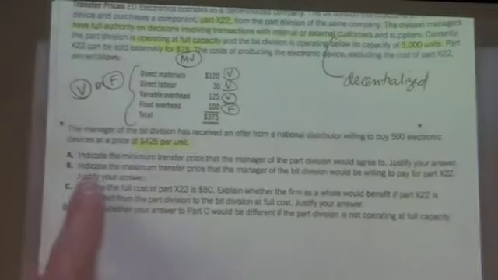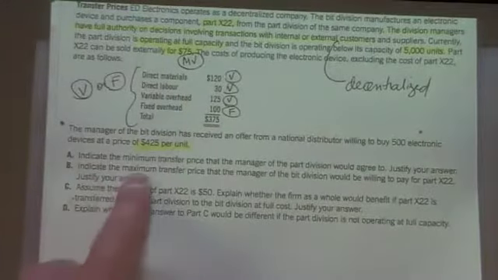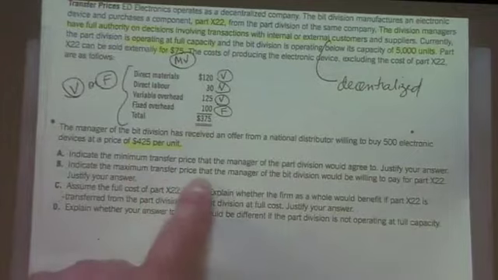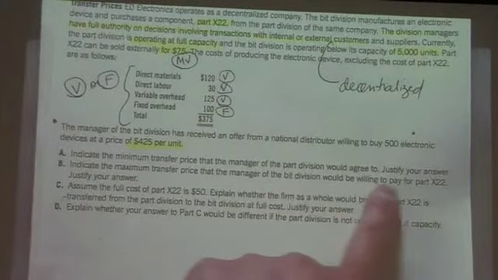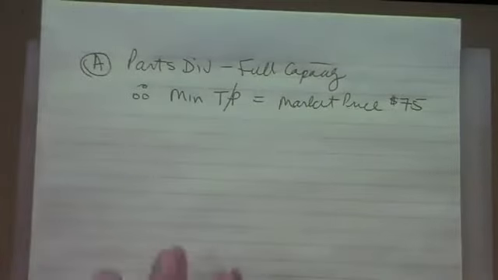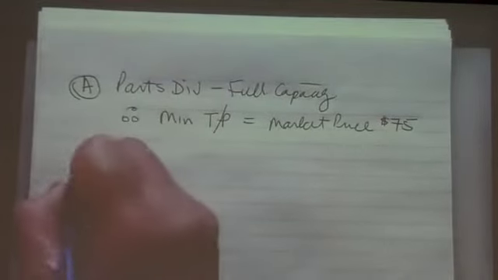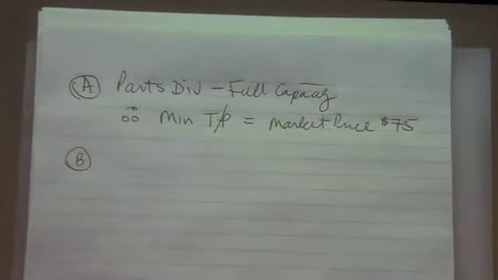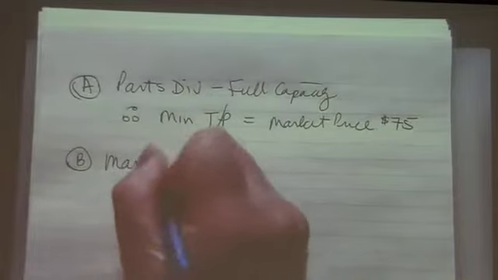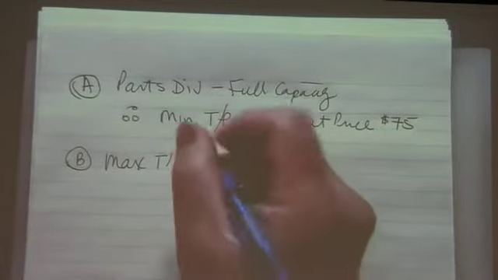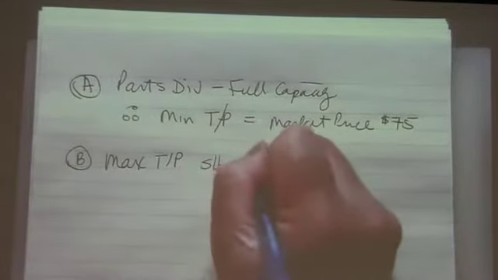Part B says, indicate the maximum transfer price that the manager of the bit division would be willing to pay for parts X22. Okay, so this would be the buying company, right? The buying company. So the maximum transfer price should be $75.